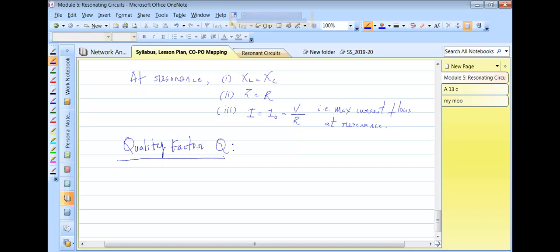What does it say? We have to understand. Now everybody listen. In a series RLC circuit, we have L, we have C, we have R. How are L and C different from R? Anybody? You can unmute yourself and tell. Anybody?